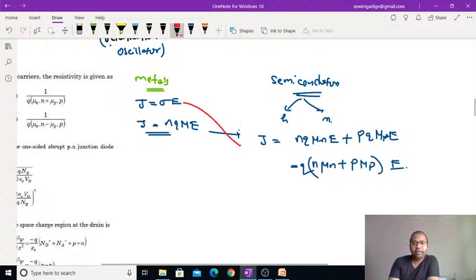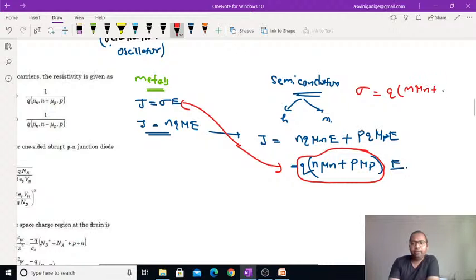Okay, and if I compare both these two expressions, then in the place of sigma, I am having q(n mu_n plus p mu_p).